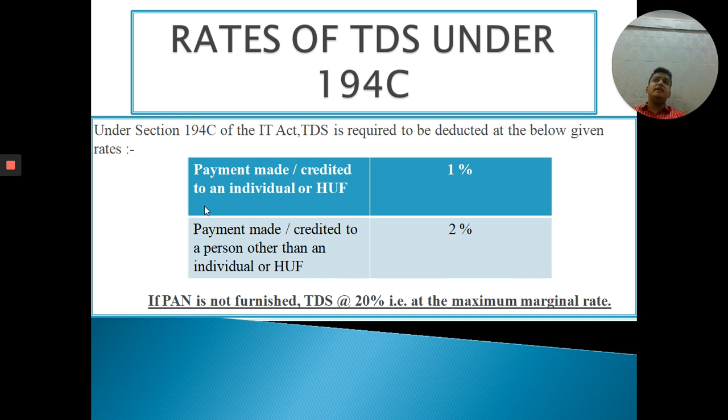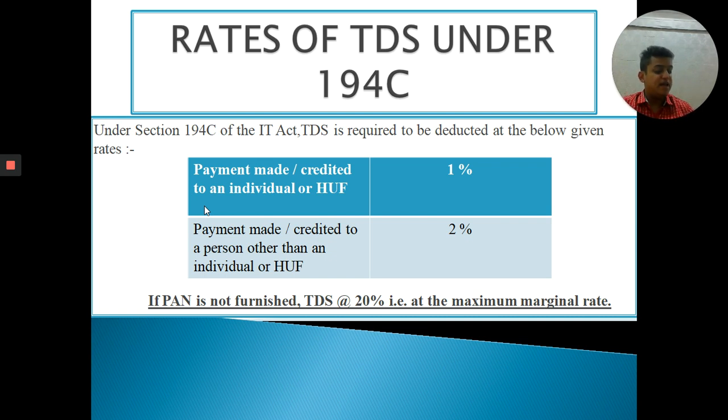Next are the rates of TDS under section 194C. It is to be deducted at two specified rates, 1% and 2%. If payment is made to the resident contractor to whom we give the work, and that contractor is either an individual or HUF, then 1%; or a person other than an individual or HUF, for example AOP, BOI, firm, company, then 2%.